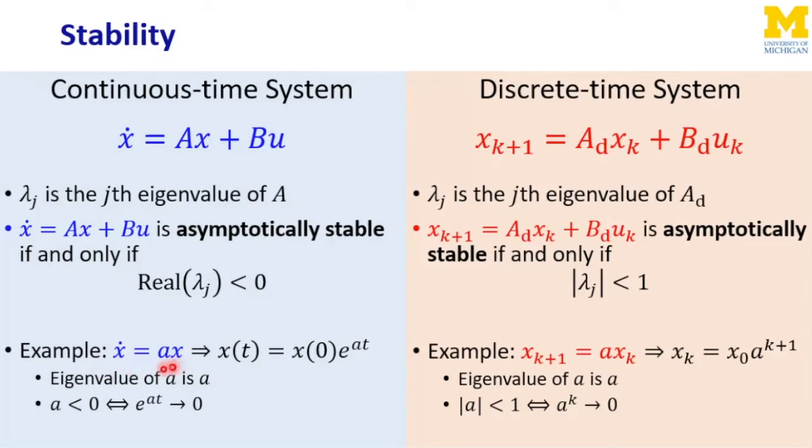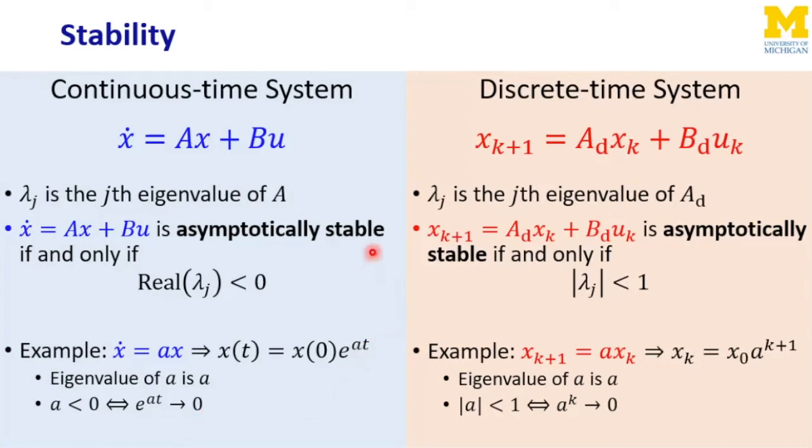The solution of this system is given by this expression, the initial condition times the exponential at. The eigenvalue of A in this case is just a, and we can see clearly that a less than 0 is the necessary and sufficient condition for the exponential at to actually go to 0.